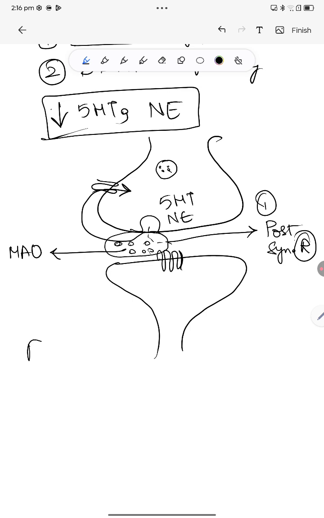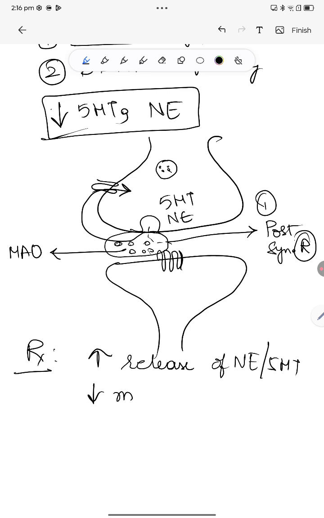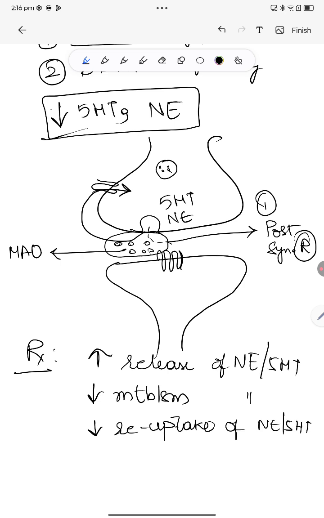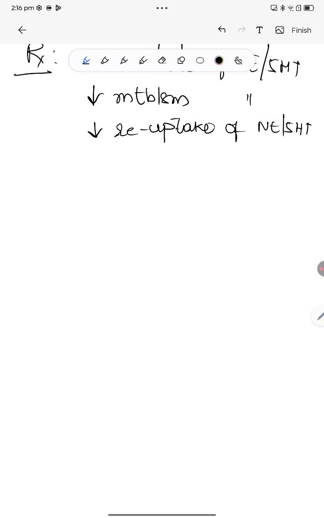So our treatment goal here will be to increase the release of norepinephrine and serotonin, or to reduce the metabolism of norepinephrine or serotonin, or to reduce the reuptake of norepinephrine and serotonin. Considering this as our treatment goals, there are various drugs which can be used.